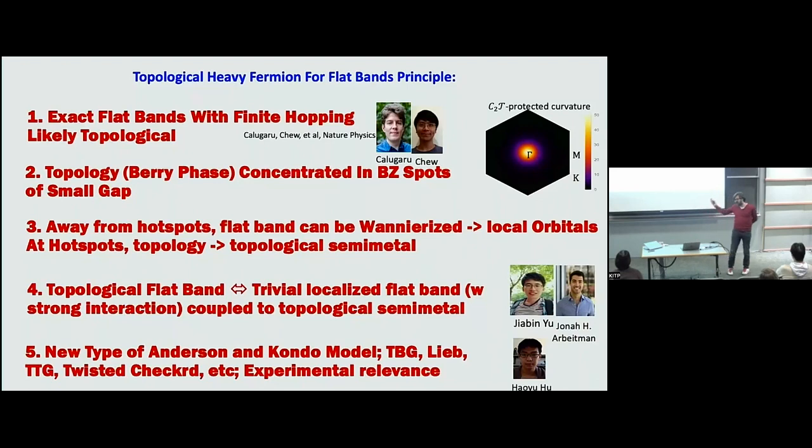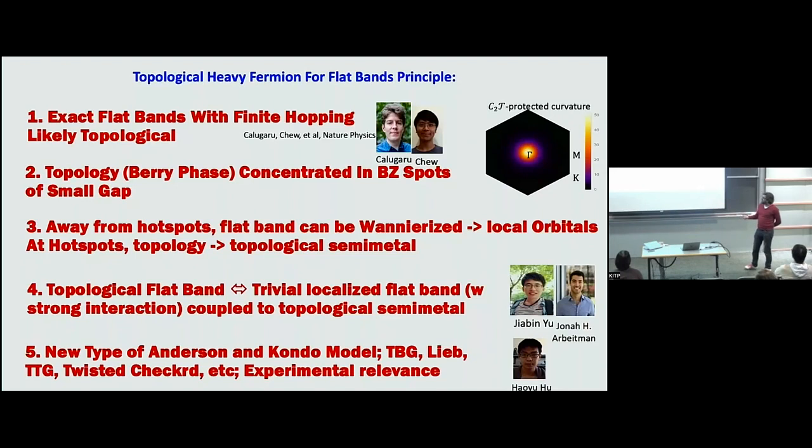In this case, it would be a topological semi-metal, which takes care of the topology. So we want to pawn off the topology of the flat bands into the topology of a semi-metal, which, when coupled to localized states, gives you these topological flat bands.